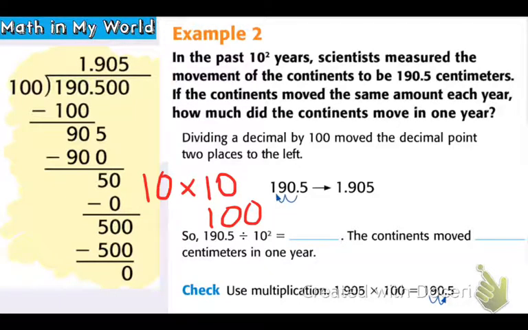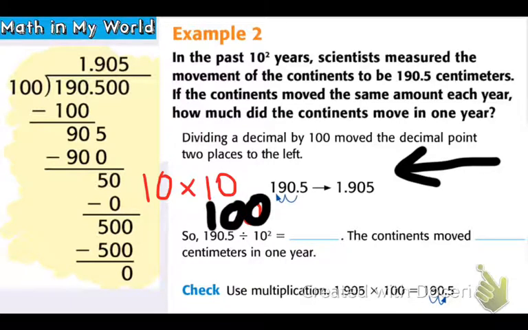Step 2, I need to move the decimal to the left according to how many zeros are in my power of 10. Well, there's 2 zeros in my power of 10, so I can move that decimal 2 places to the left. So what is the answer? Well, I'm going to keep all of the same digits, right?